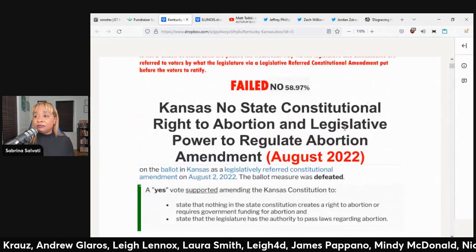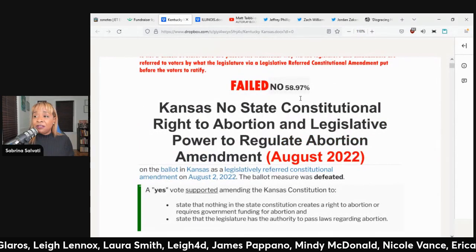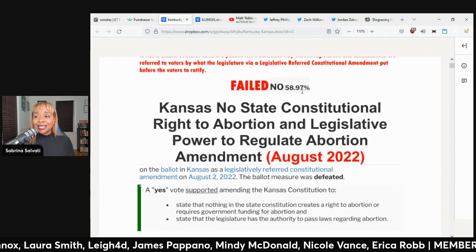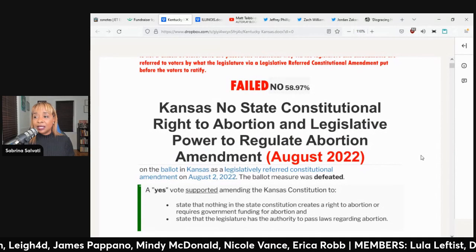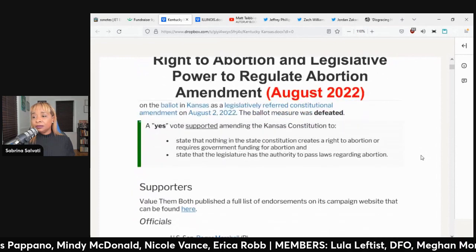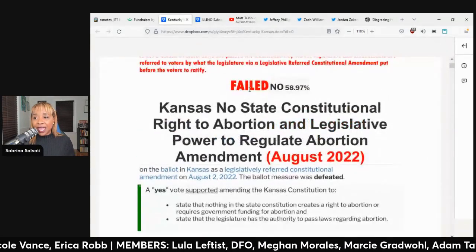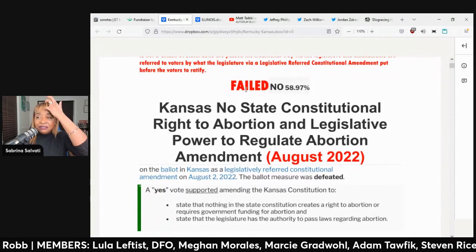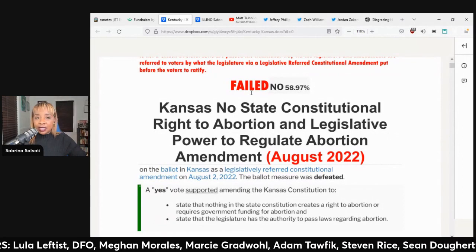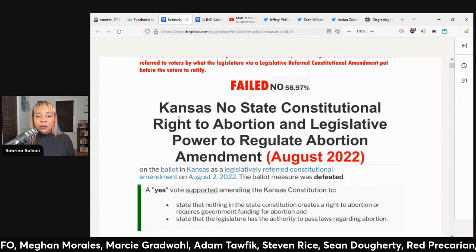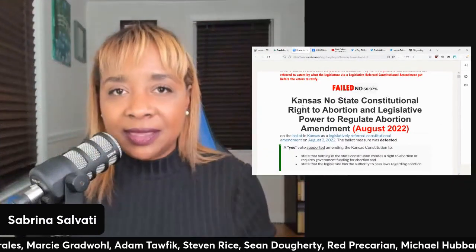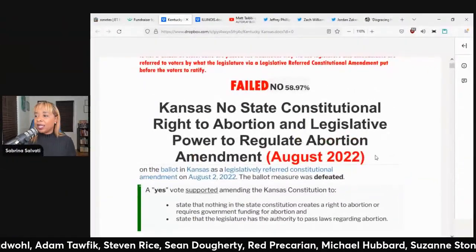This initiative failed by 58.97%. Now, when I say failed, you have to think the opposite with this one. It's tricky. It failed, but it's a good thing it failed. Let me explain why.